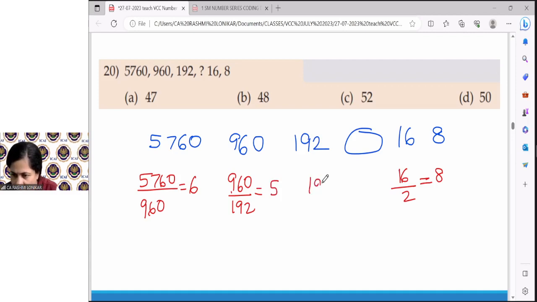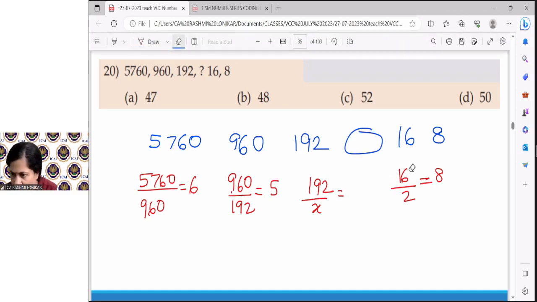And 192 divided by something will give me what? This I've written over here. Let me just shift it. 16 divided by 8 is 2. Now this is my x. So x divided by 16 will give me how much?